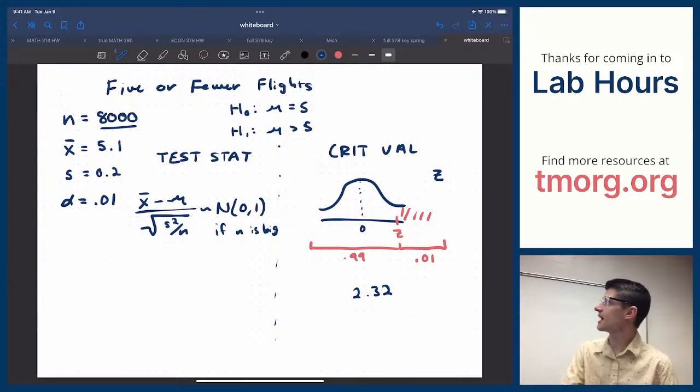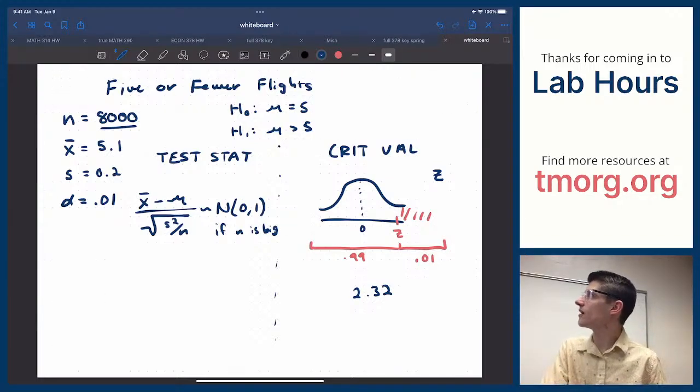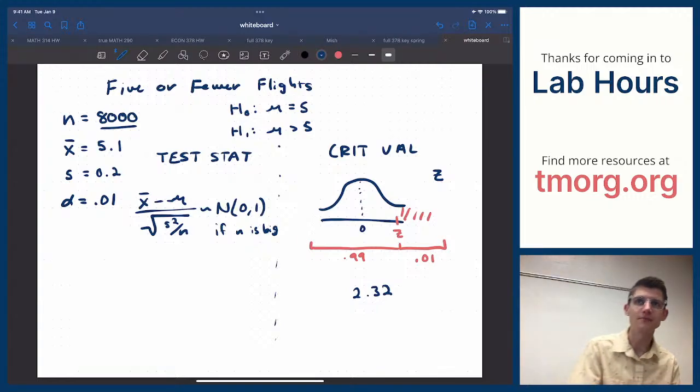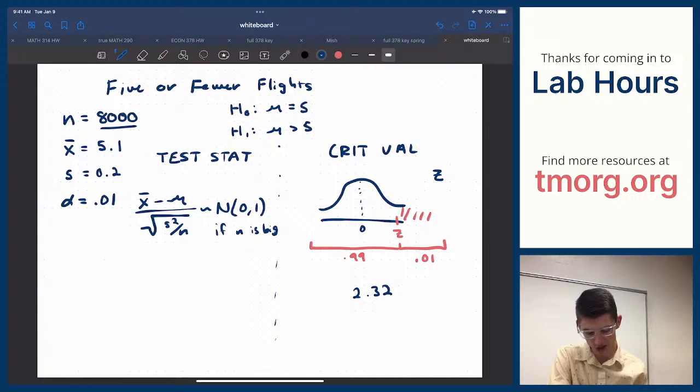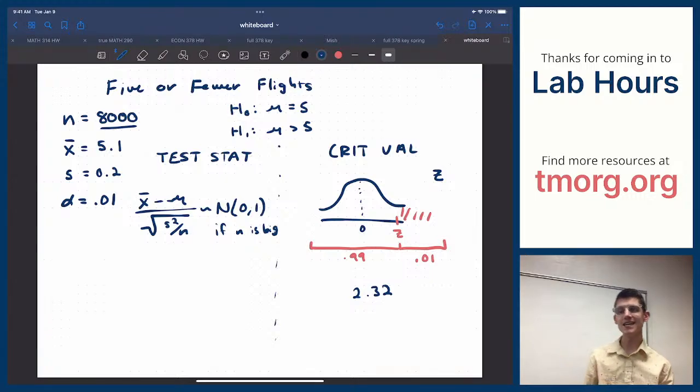The formula is x bar minus mu over the square root of s squared over n, or just s over the square root of n. That works too, right? We say that that's approximately normally distributed if n is big. We know that it's distributed as t if n is small, right?